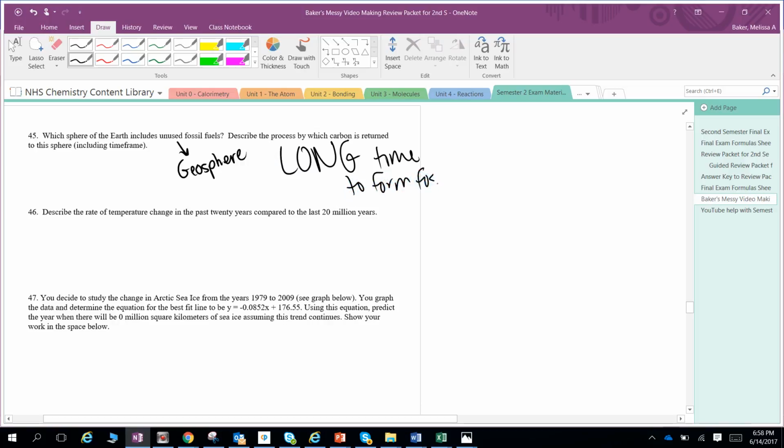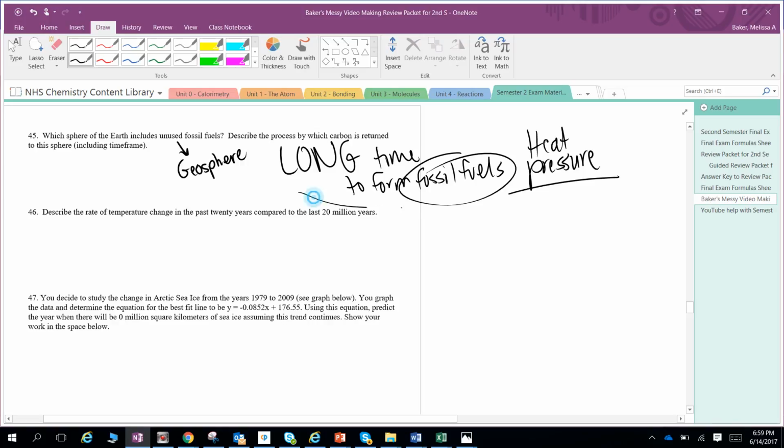And as I mentioned earlier, fossil fuels form when you've got buried deposits of organic materials and they're exposed to heat and pressure in the Earth's crust. Eventually they turn into fossil fuels. So we do have a lot of predictions, and they are definitely in our lifetime, of when we will run out of fossil fuels.